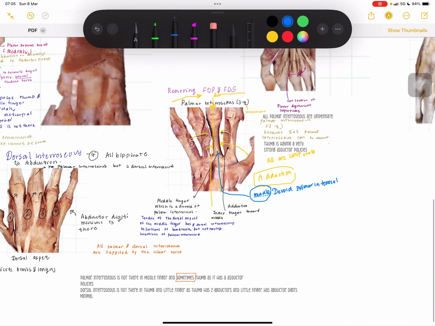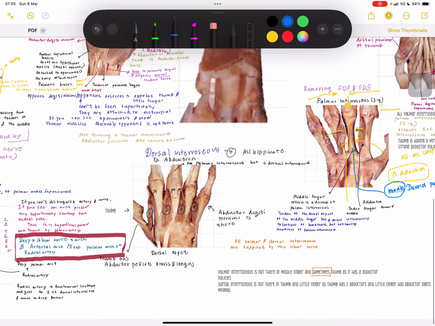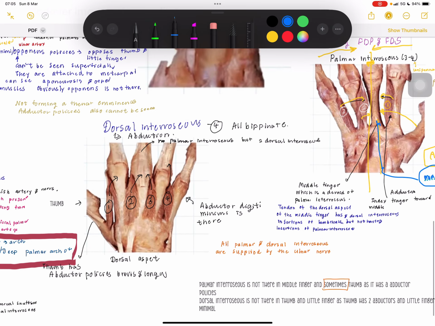While for the dorsal interossei, it is for the abduction. So that means it moves away. So as we discussed, we got two adductor muscles here, one for the thumb and one for the little finger.